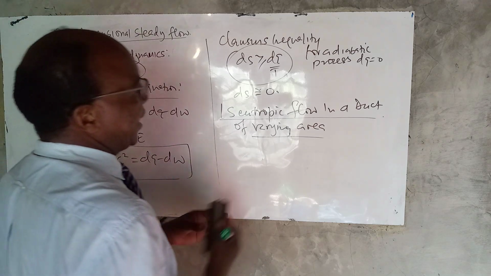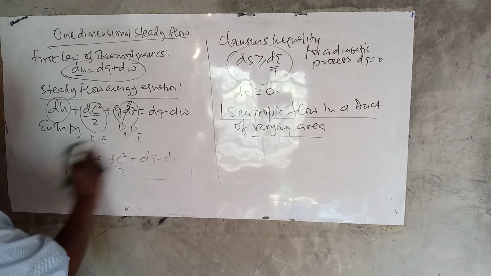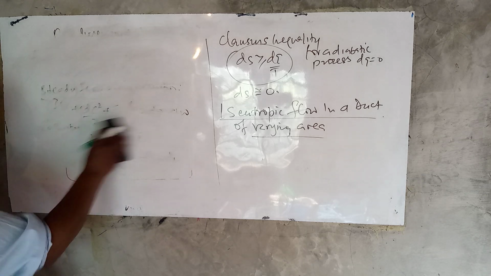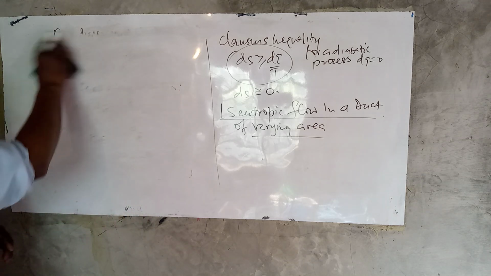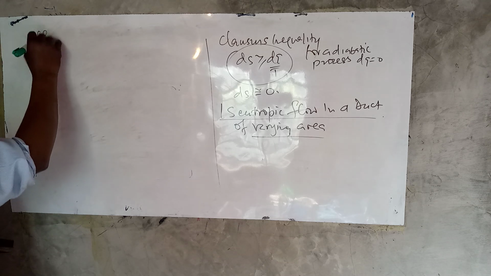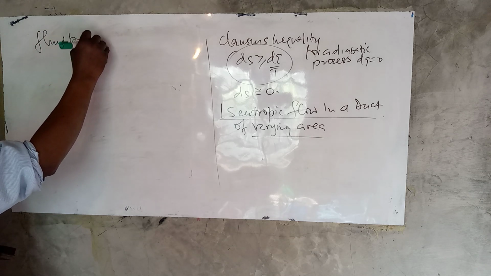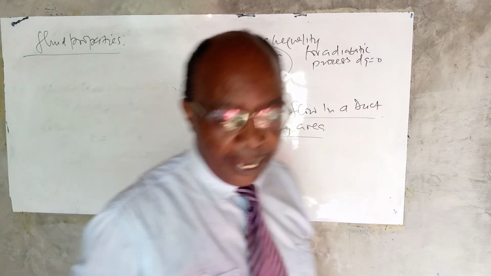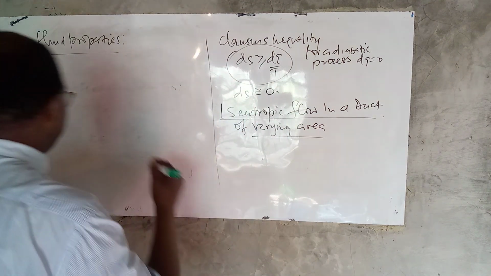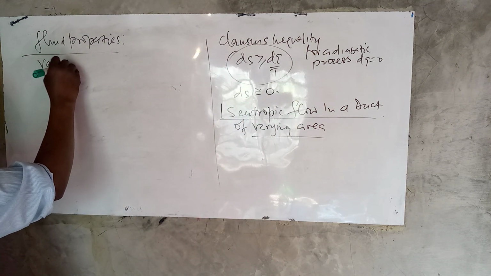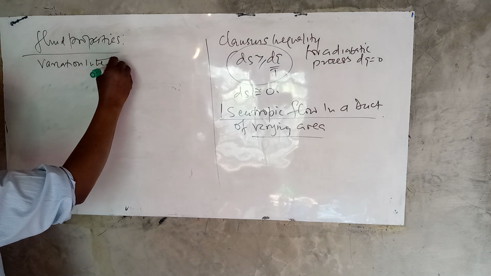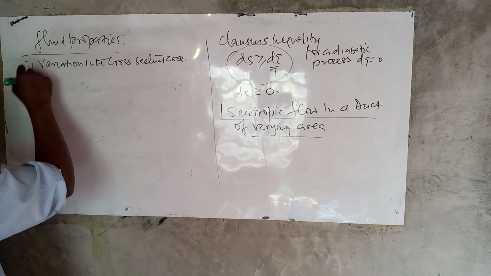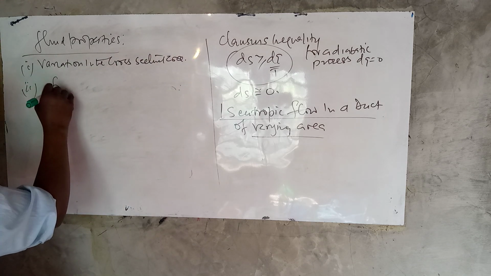And so when we have an isentropic flow in a duct of varying area, the key things which will affect the fluid properties are the variation in the cross-sectional area and frictional forces.